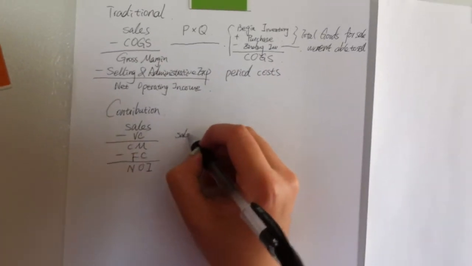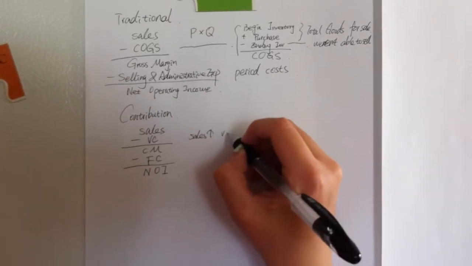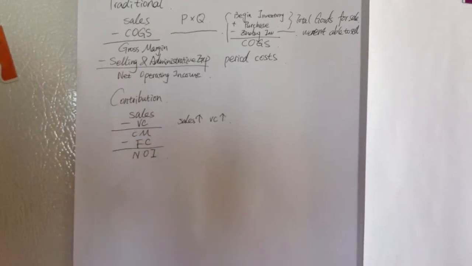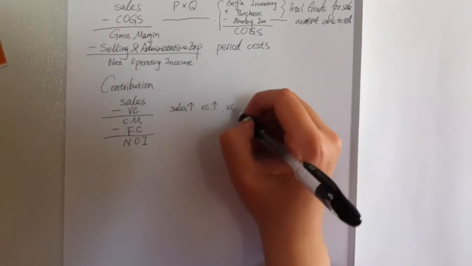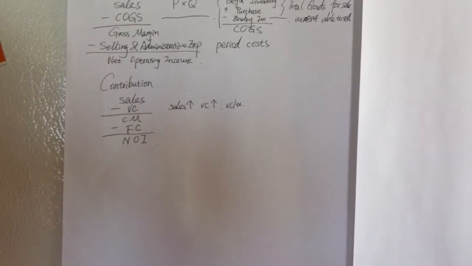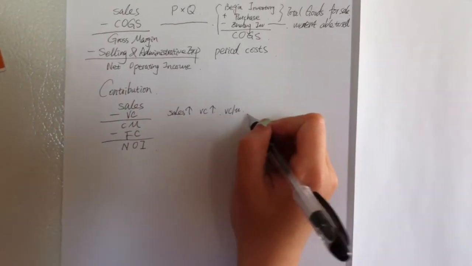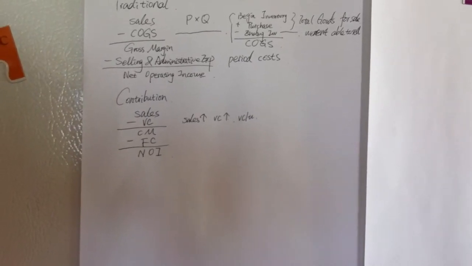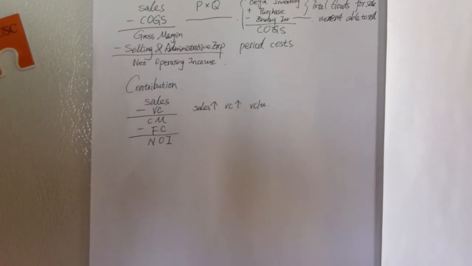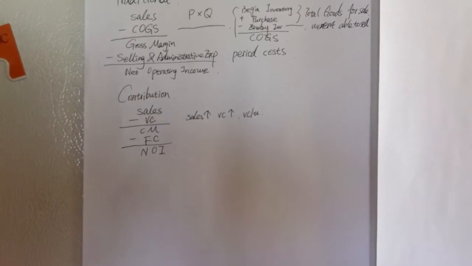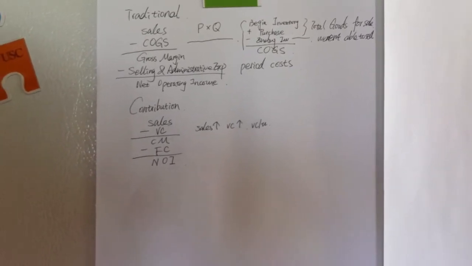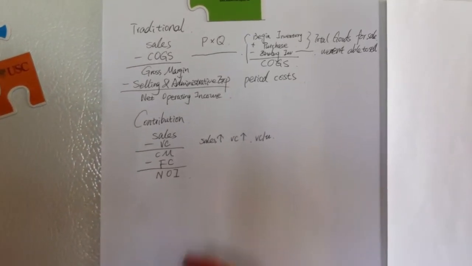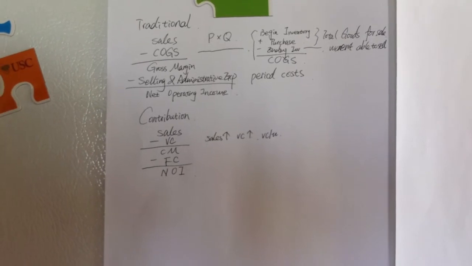As the sales volume goes up, total variable cost goes up. However, the variable cost per unit stays the same. Like, for example, if you produce a type of food, then the raw material and other variable cost will keep constant per unit, but the total variable cost will vary with the amount of goods that you sold.